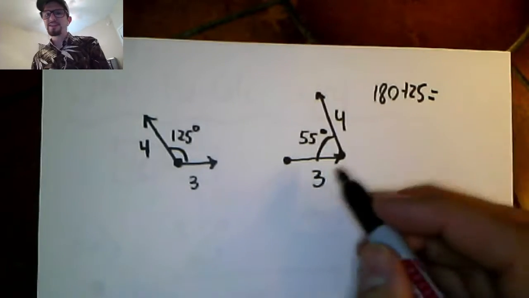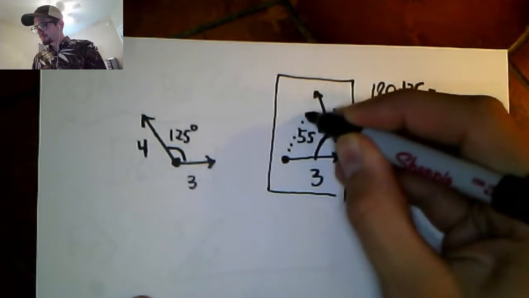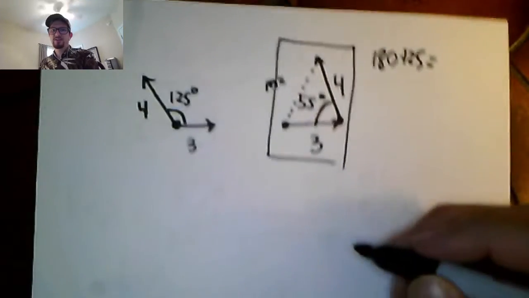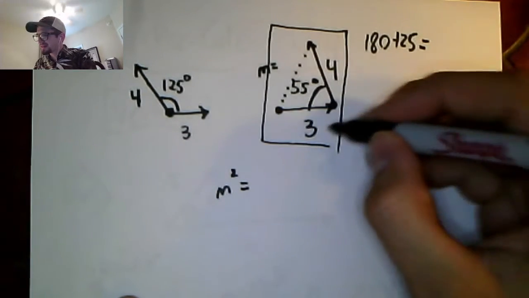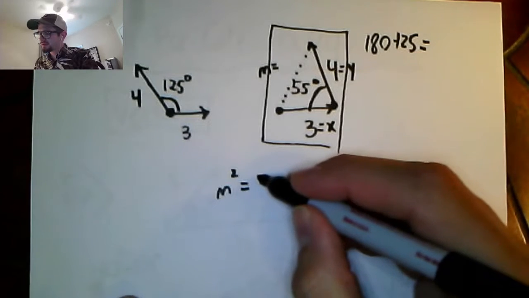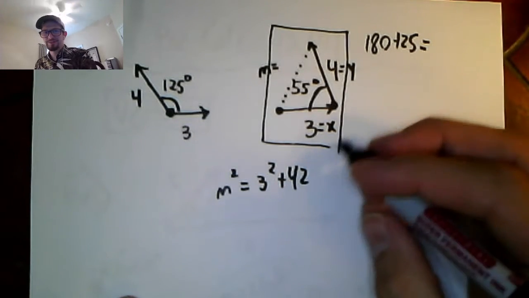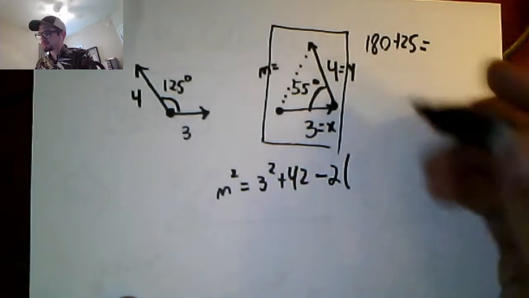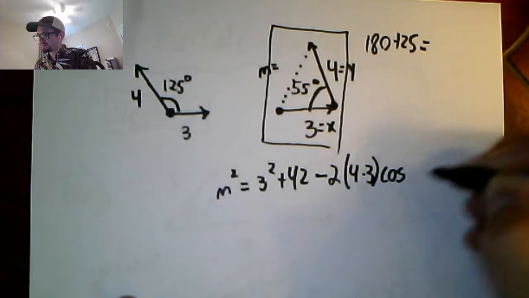All right. These are the pieces that I will be using. This is step 1, and I need to find my magnitude, which is the third side. So once again, I'm going to plug it into my equation. M squared equals, I'm going to say 3 is x and 4 is y, so 3 squared plus 4 squared, minus 2 times x times y, so 2 times 4 times 3, cosine of my angle.